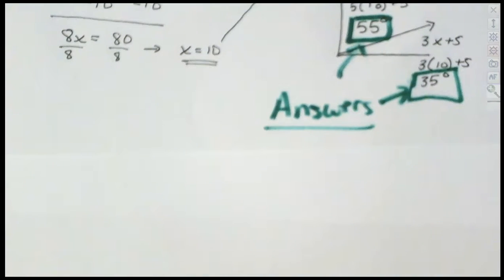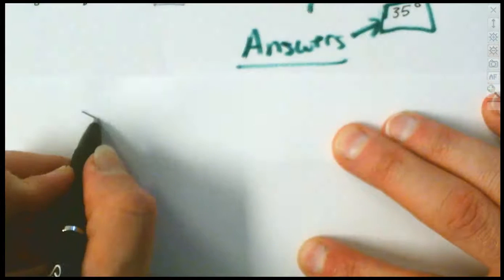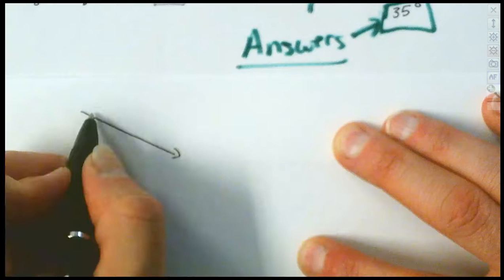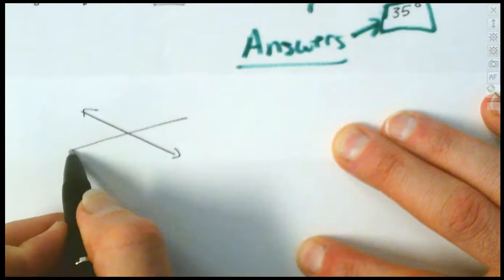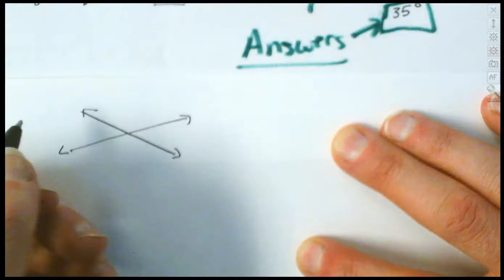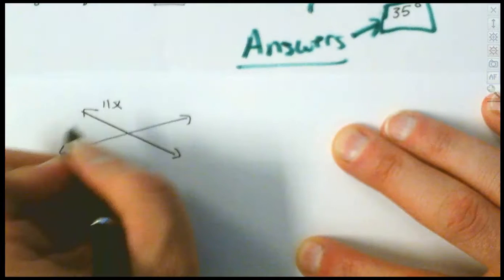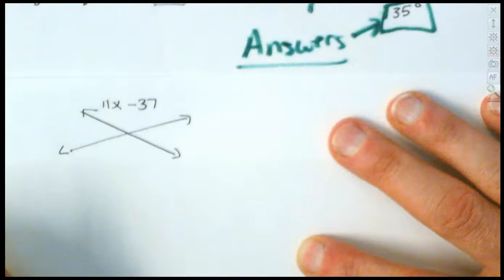So let's do one more of these. Question 72. We've got 11x minus 37.